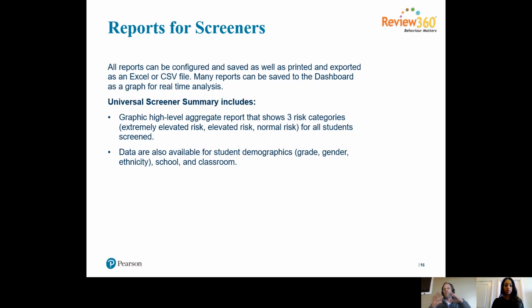So we talked about Review 360, just having a good conceptual overview of how we can support our students in different ways. The screeners that are used, and that this is all online so that all the reporting is automatized. However, the reporting capacities within Review 360 are amazing.